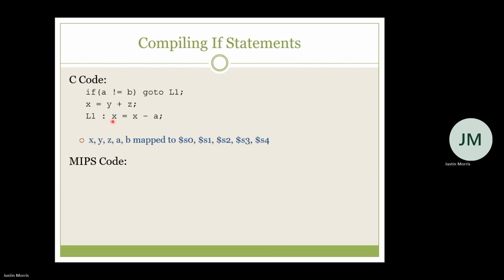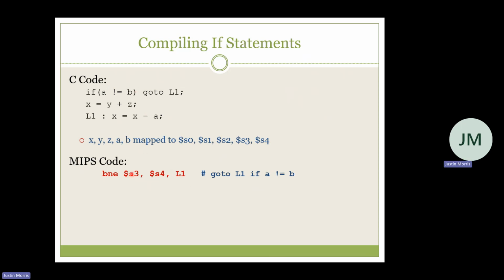All right. So now with conditional operations, we can do some more complex compiling of C code, right? Because now we can do if statements. So here's our MIPS code. Our first thing that we're going to do is branch if S3 and S4 are not equal. So S3 and S4 are A and B, right?